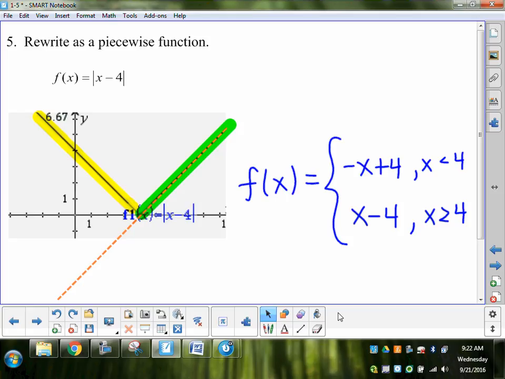All you have to do is identify, and this is in general, identify where the original is going to pivot, which in this case is where it's equal to 0. The argument of the absolute value is equal to 0, which would be here, at x is equal to 4. And then you take the original and the negation of the original. Negation means that you multiply the whole thing by -1, but that's how those equations are arrived at algebraically.